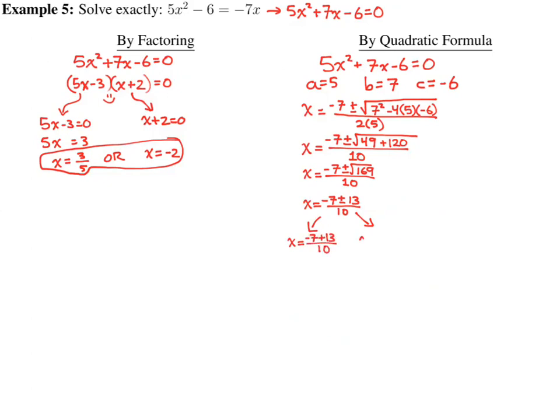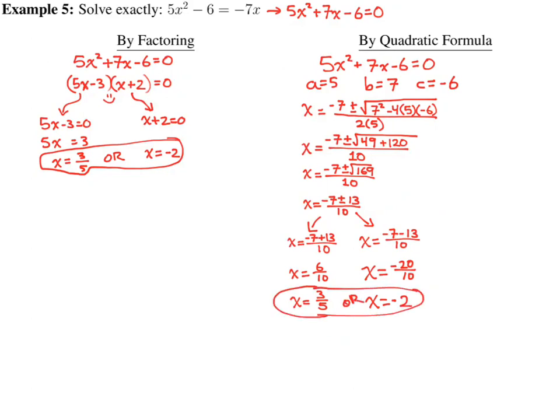One with a plus, one with a minus. And then for the plus one, that makes 6 over 10, which is 3/5. For the minus one, you get negative 20 over 10, which is negative 2. Boom! Hey, we've got the answers, and they match the factoring answers.